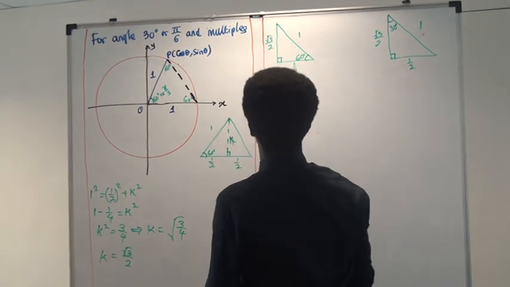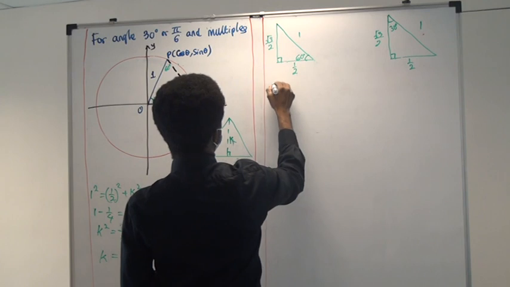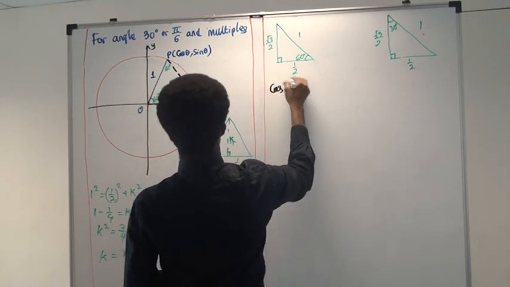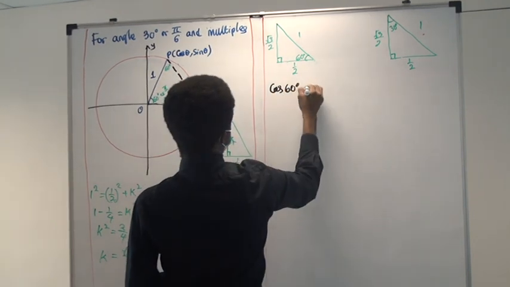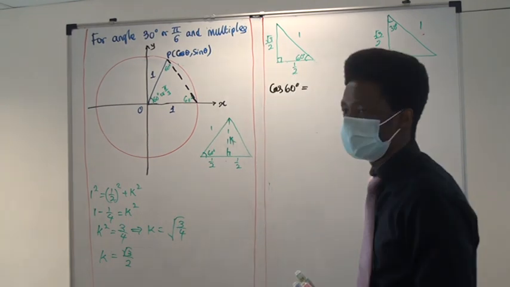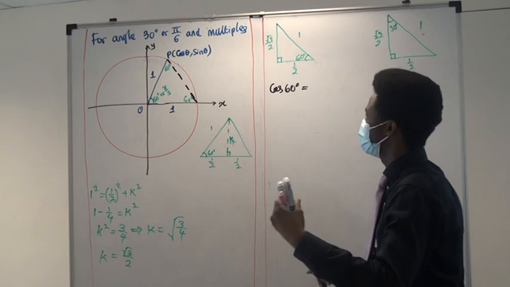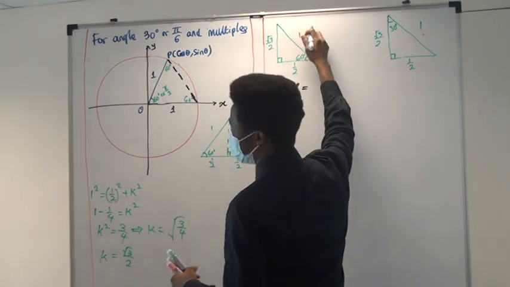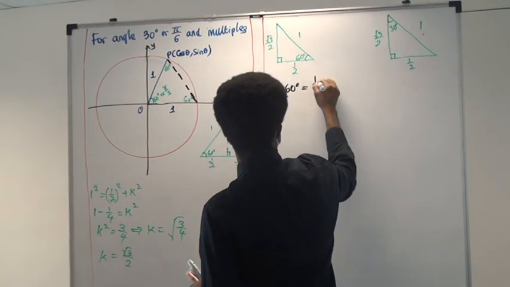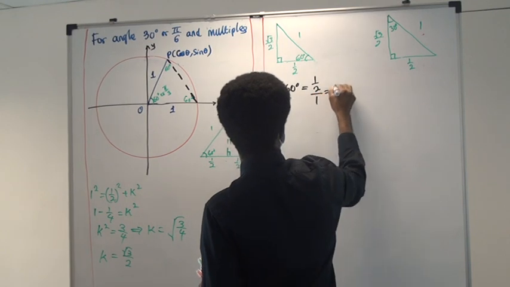Then we can find what our cos 60 is, which is the first coordinate. What is that? Cos 60 is what? 1 over 2 divided by 1, which is 1 over 2.